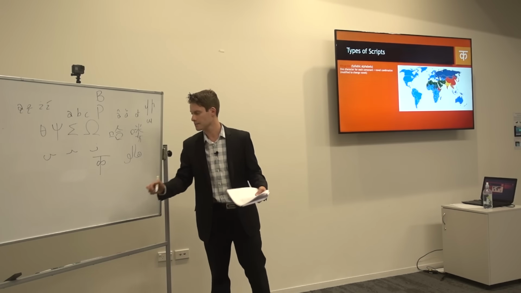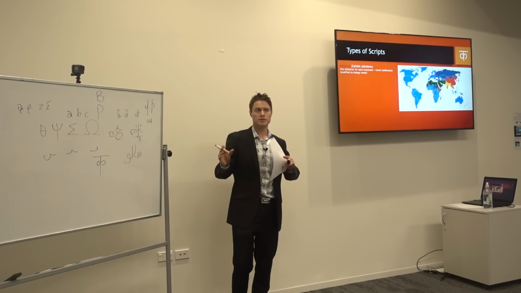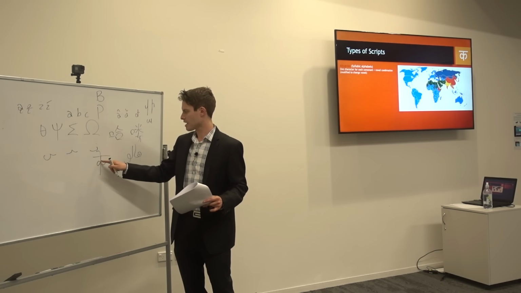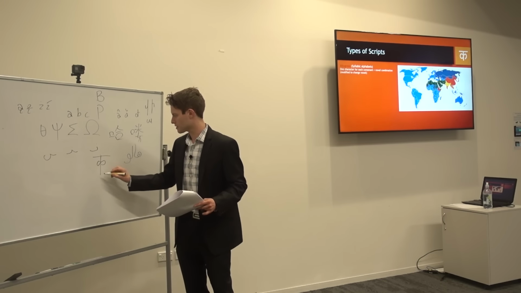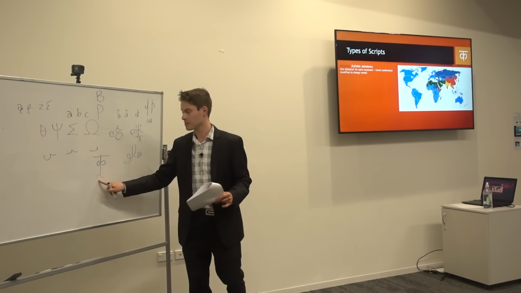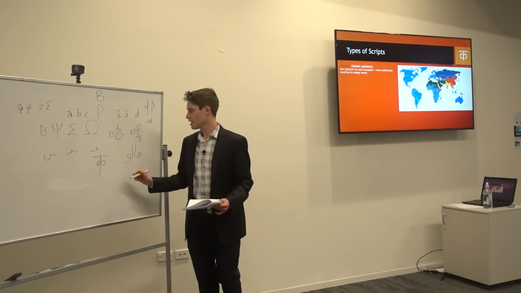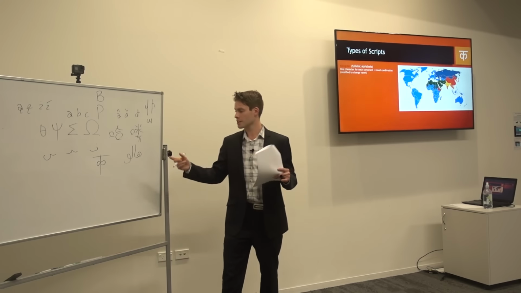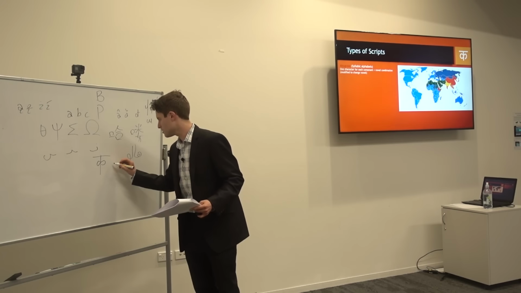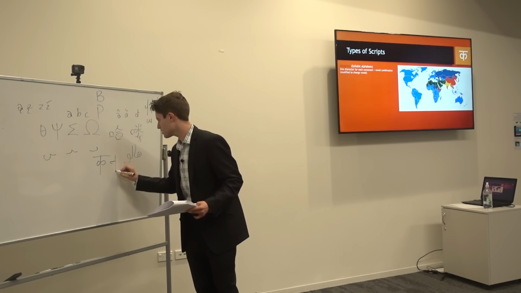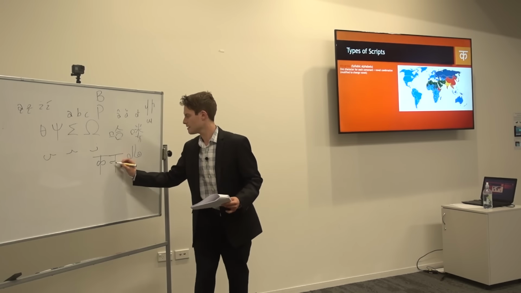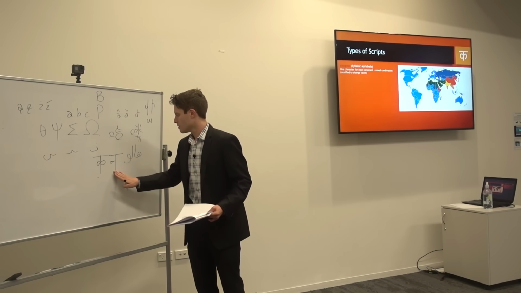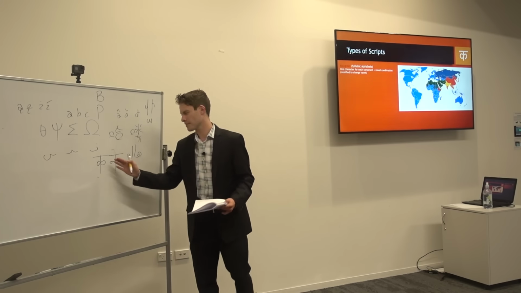For example, this is Ka in the Devanagari script. And then if you want to modify the vowel, you add a diacritic like this, and that Ka becomes Ke, or alternatively, you could add this, and Ka becomes Ku. Following this, you put different letters together to form a word. So for example, here we have Ka Na, and that could become Ku Nu or Ka Ne, if that makes sense.